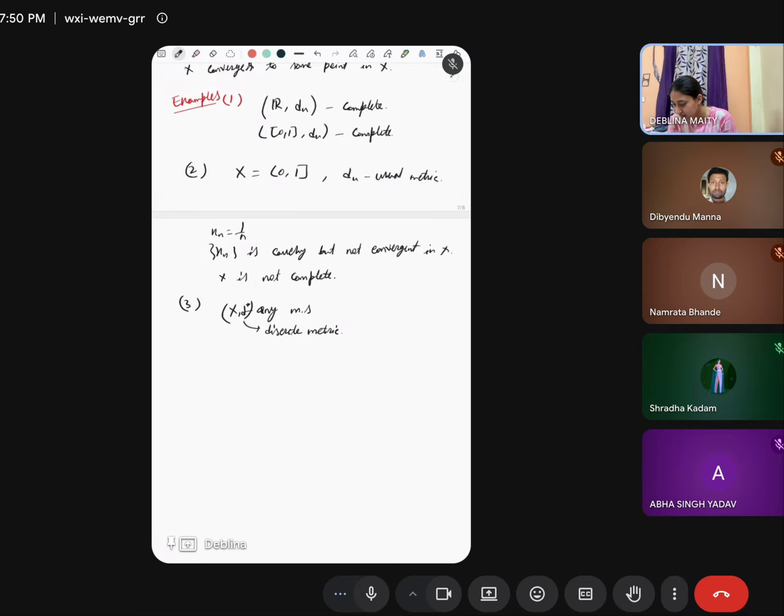Since every Cauchy sequence in (X, d star) is a constant sequence, therefore every Cauchy sequence in (X, d star) is convergent.